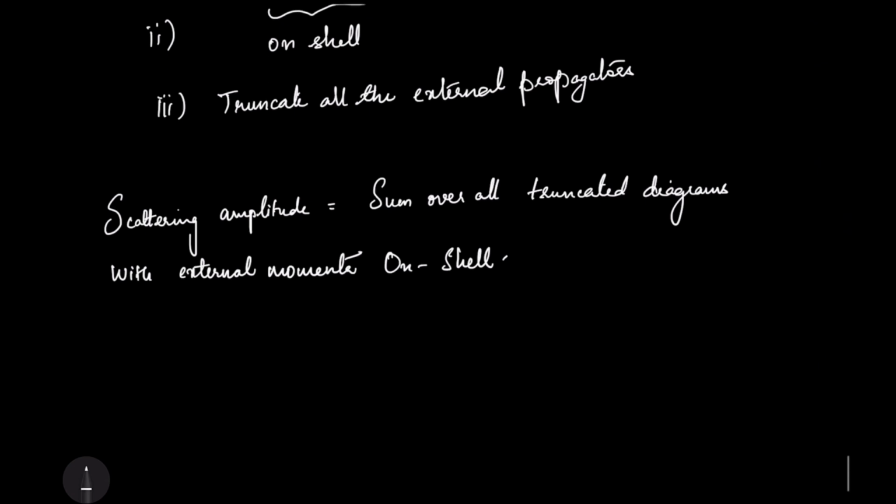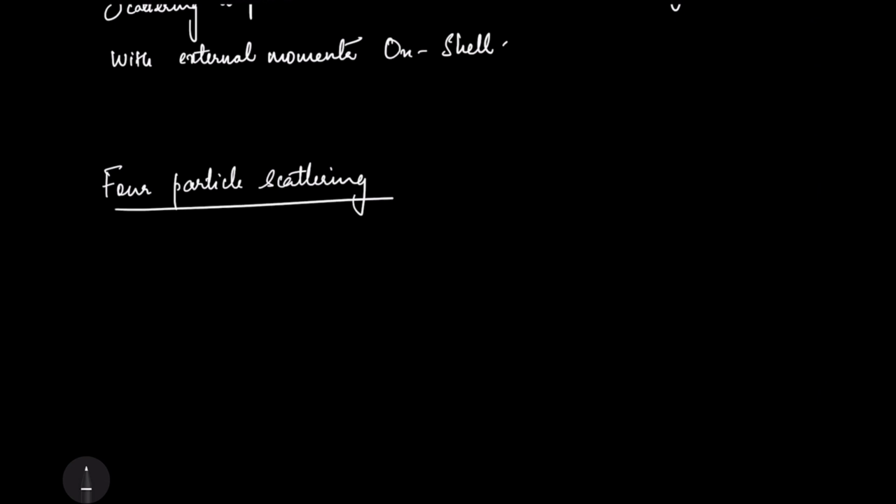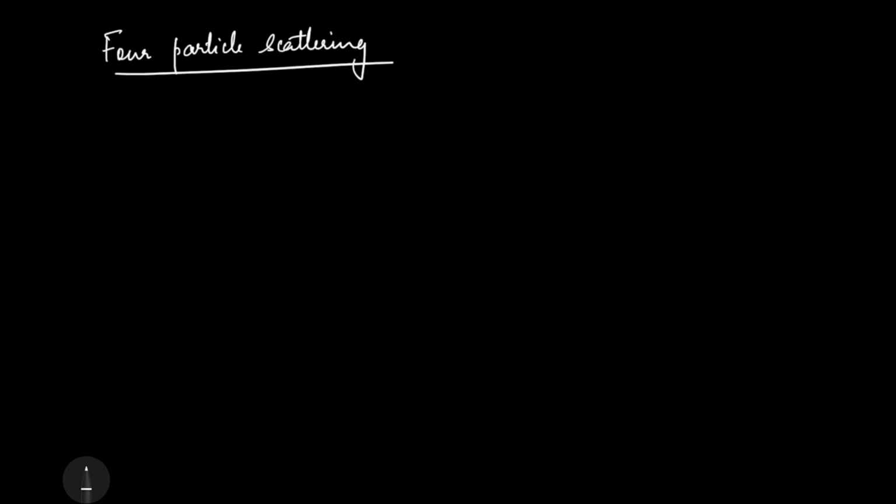Okay, so for example, we can consider the 4-particle scattering. So when you have a 4-particle scattering, then you have minus p1 minus p2, which scatters into p3 and p4.